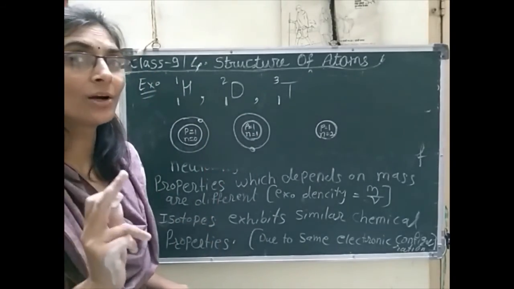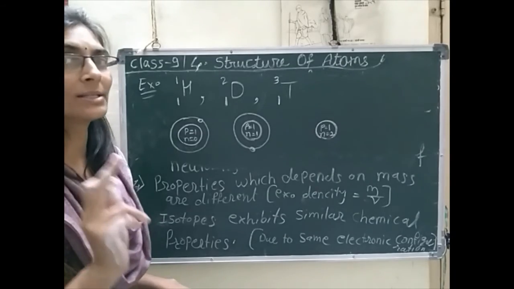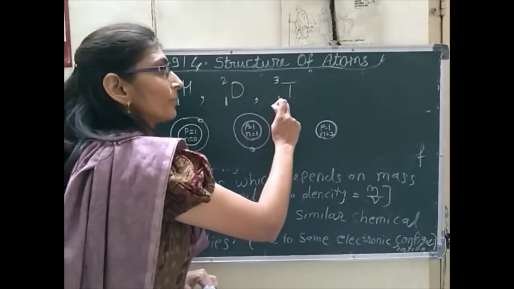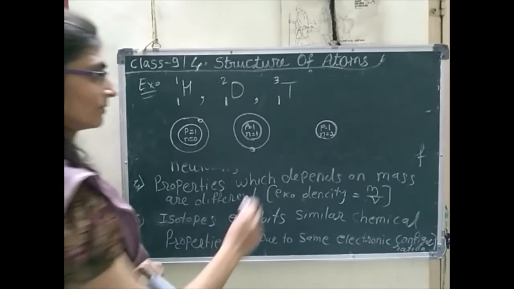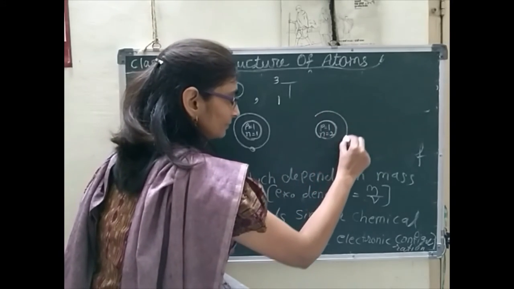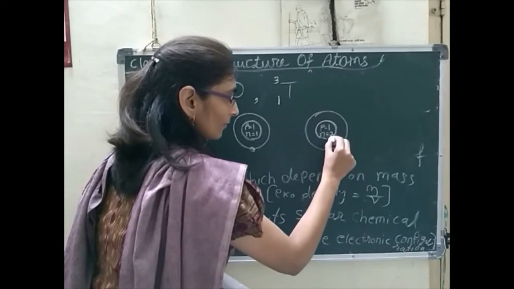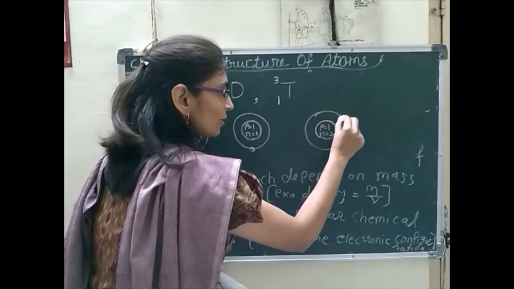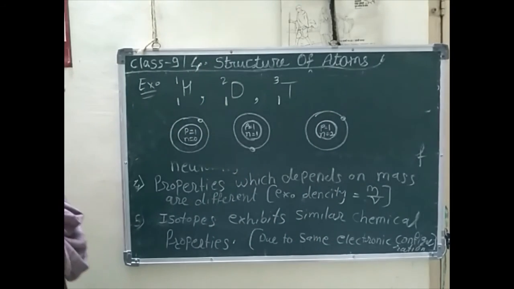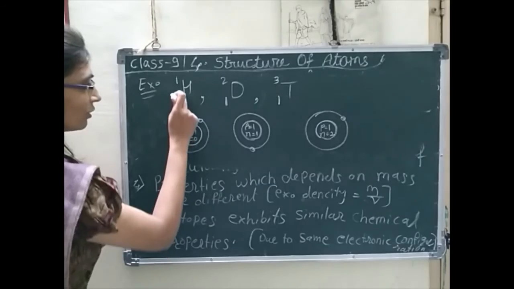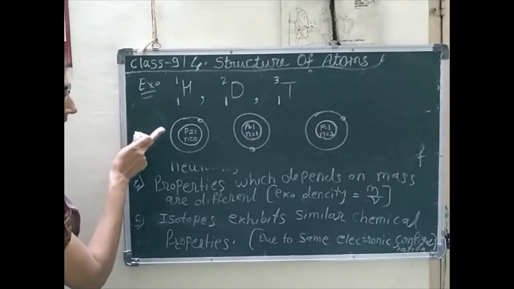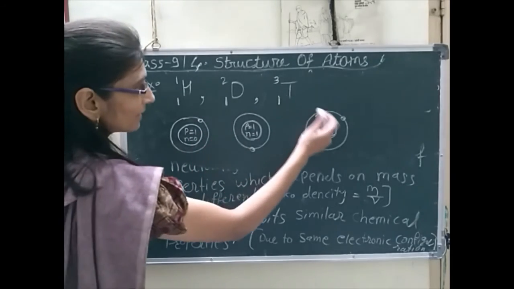A is equal to proton plus neutron. So one electron is in the first orbit. These are the electronic configurations of hydrogen, deuterium and tritium.